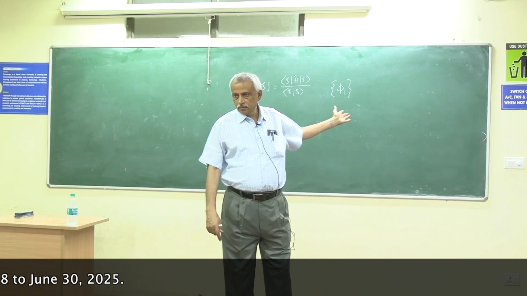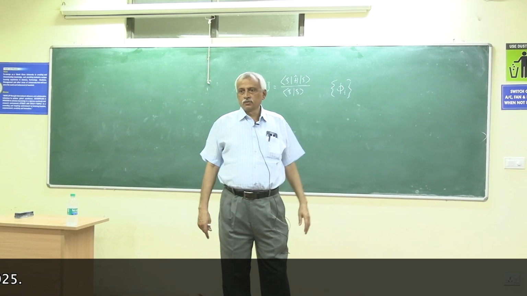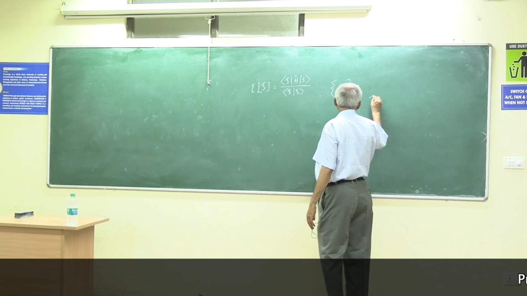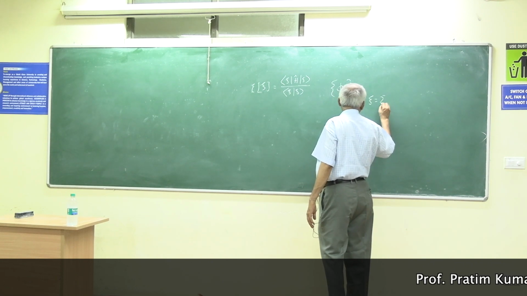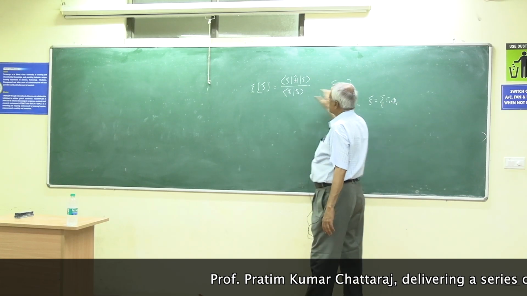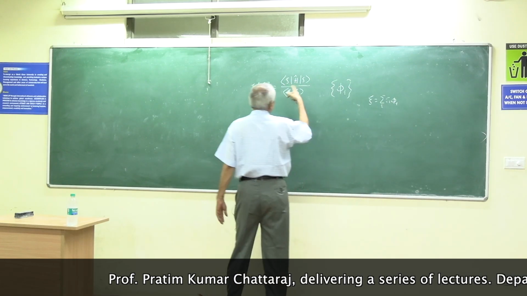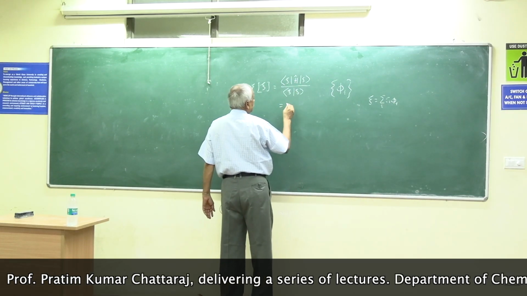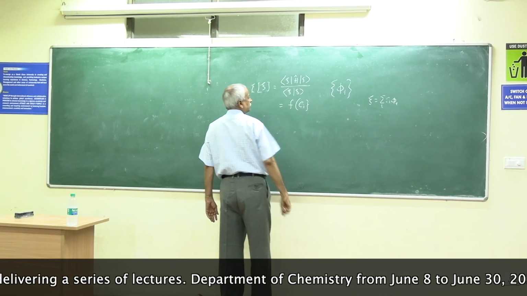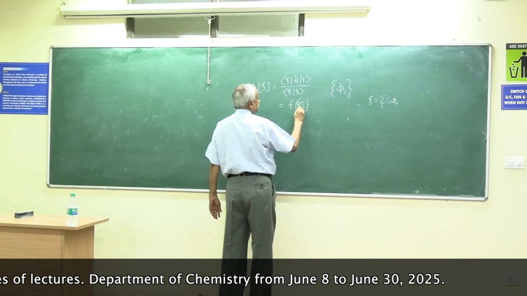Like here, your phi i's. If you have those phi i's, your trial function you write as the sum over i of Ci phi i. Now if I substitute it over here, and these are all definite integrals, ultimately what you get is a function of these Ci's.